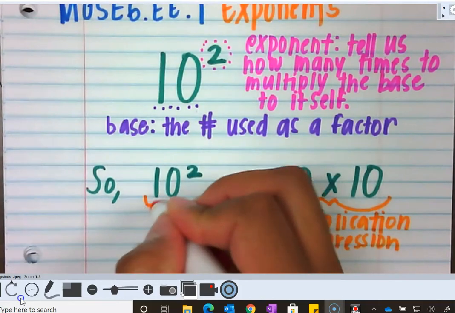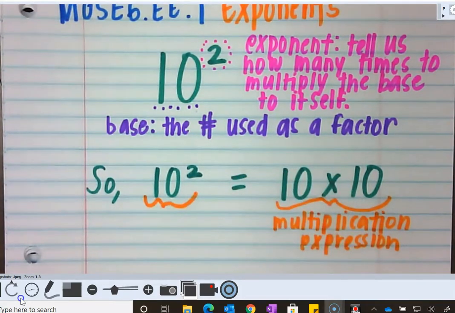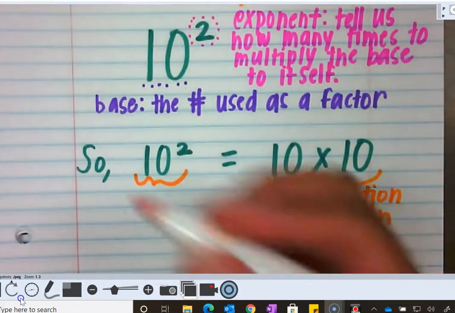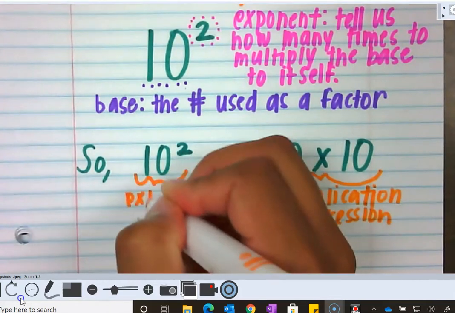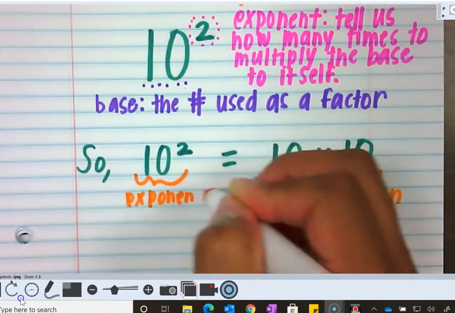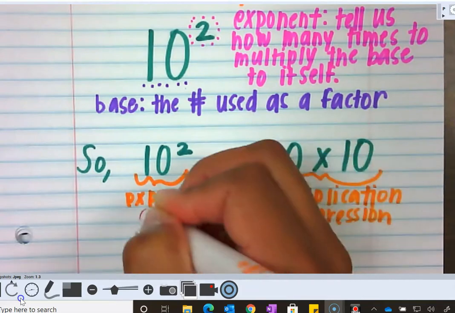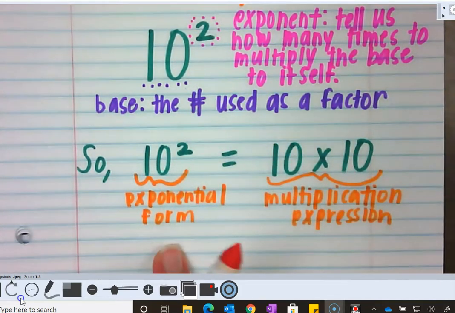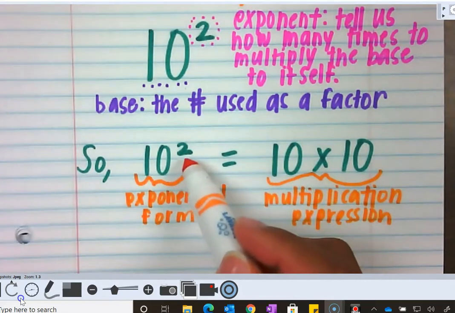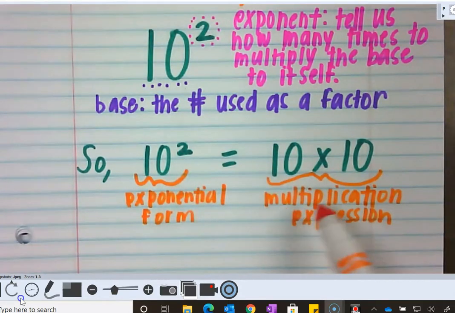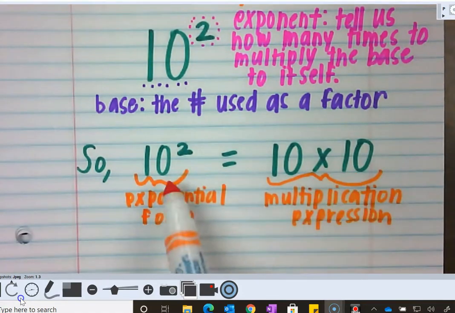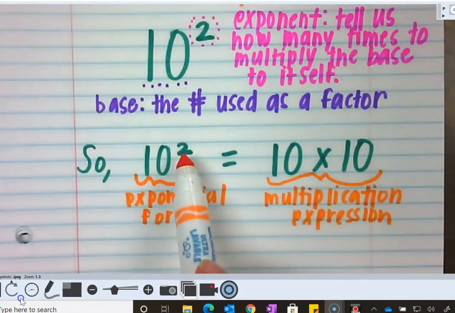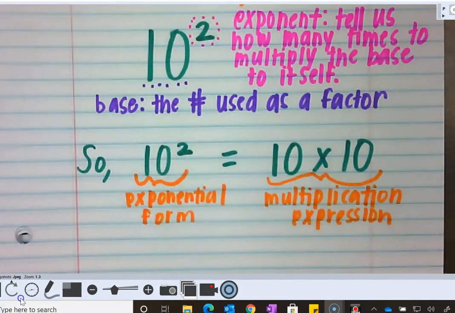And this here is our exponential form. So when we write it in exponential form, we're writing using the exponent. When we write the multiplication expression, we're writing out our multiplication of the number of times we have that power. All right? So let's keep moving.